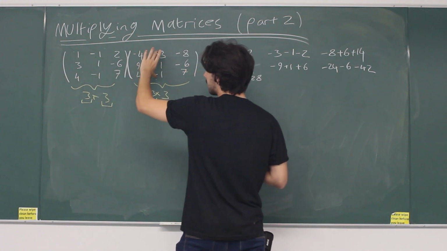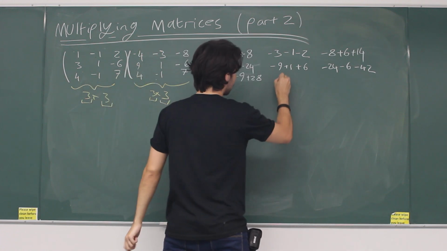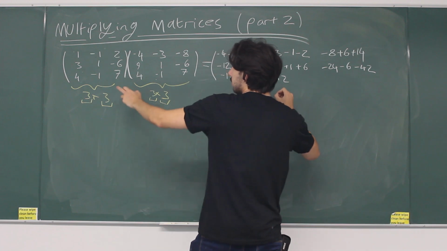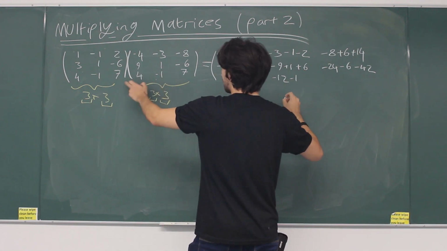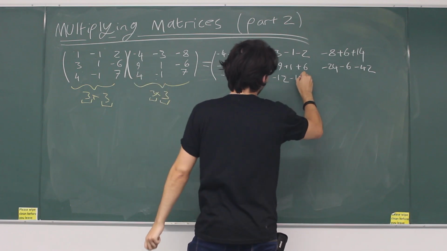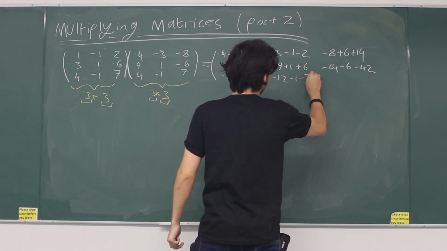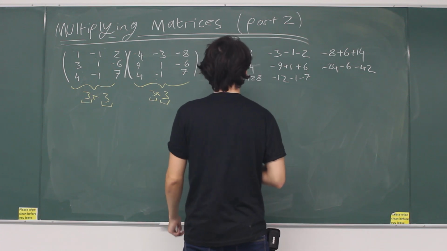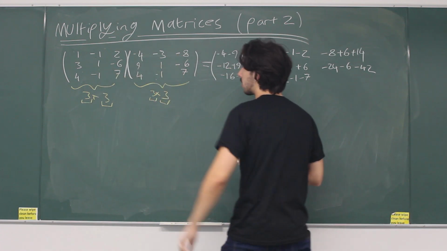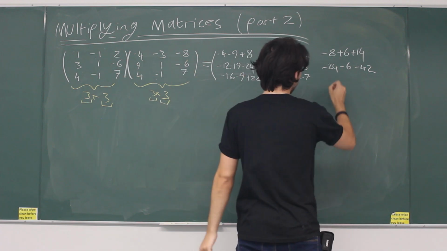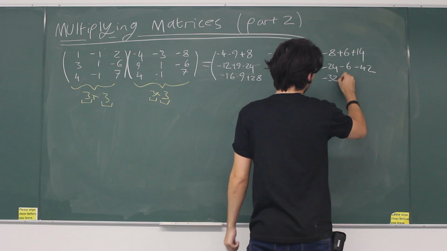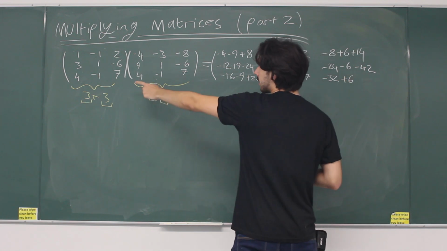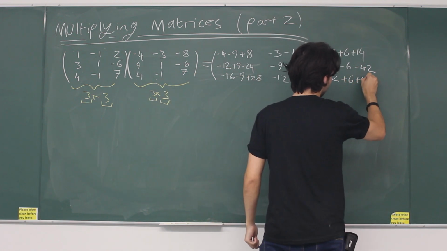Third row, second column, 4 times -3, -1 times 1, 7 times -1. Okay, and finally, third row, third column, last one. So 4 times -8 is -32. -1 times -6 plus 6. And 7 times 7 plus 49.